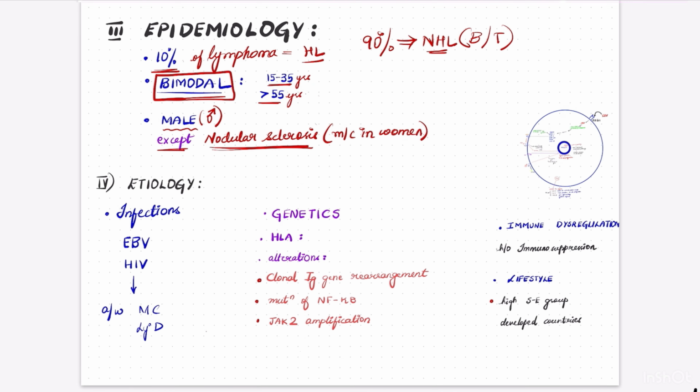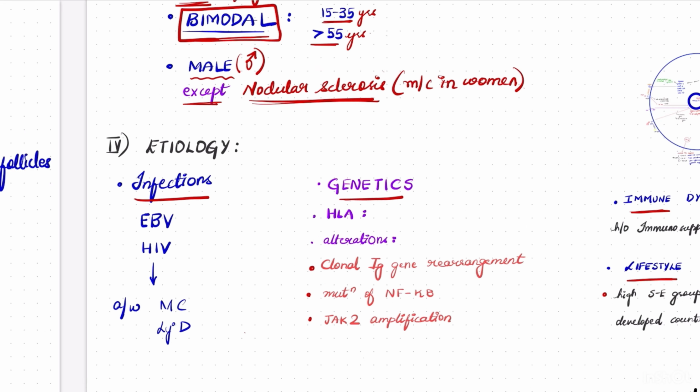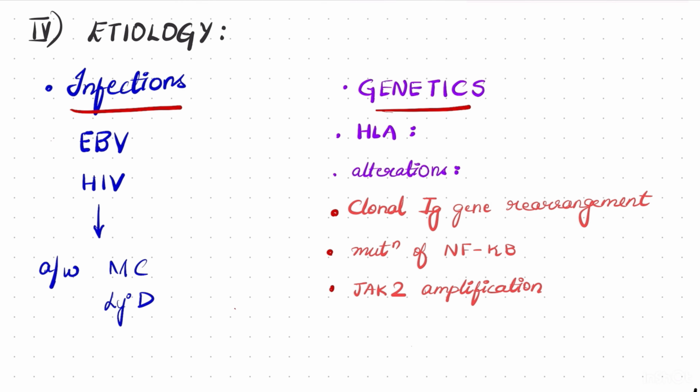Coming to the etiology, that is the causative factors, it is divided into infectious causes, genetic causes, immune causes, and the lifestyle or environmental causes. There are four causes. First being the infections, Epstein-Barr virus and HIV.